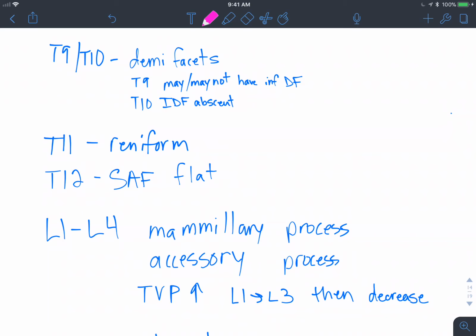But towards T9 and 10, the demifacets sort of stop. T9 may or may not have an inferior demifacet, depending on where the rib falls. But at T10, the inferior demifacet will always be absent, okay? Because the ribs are just going to be articulating with one vertebral body. When you get those little floating ribs, rib 12 is really like a toothpick, right?